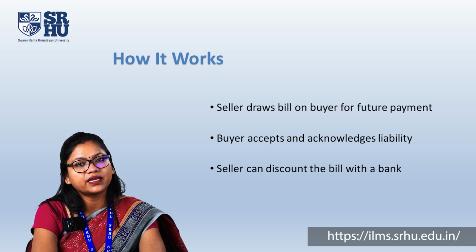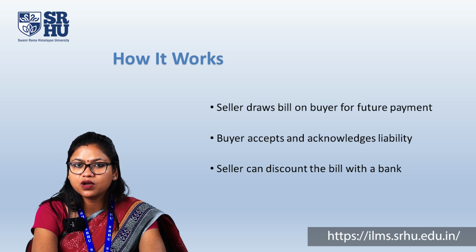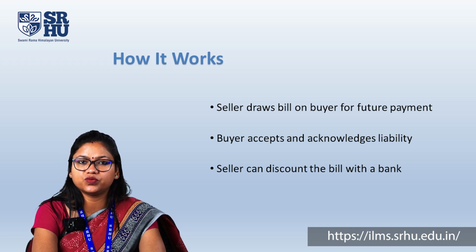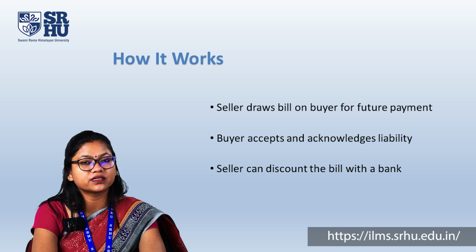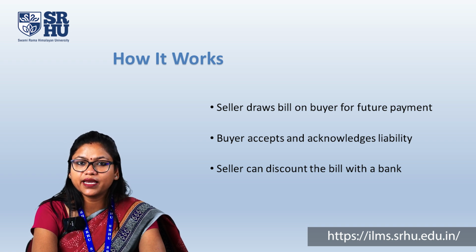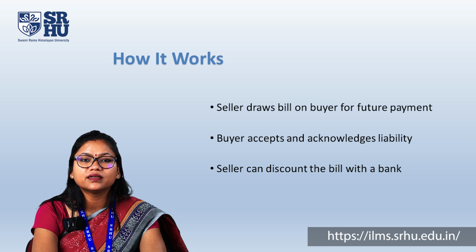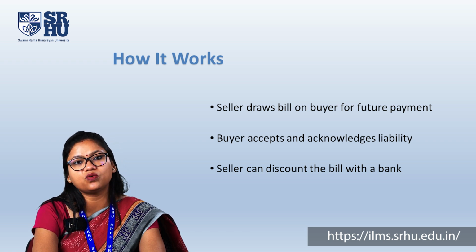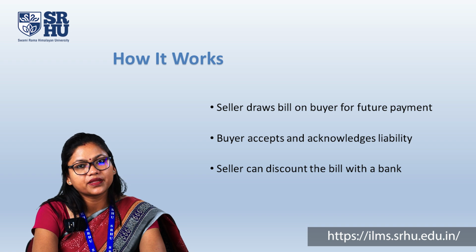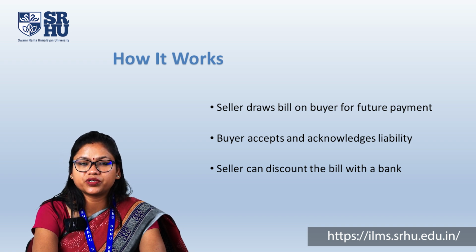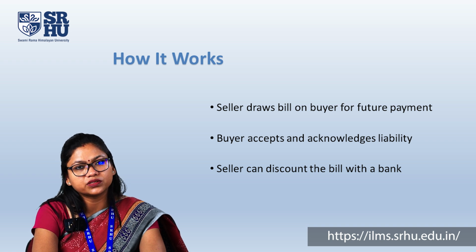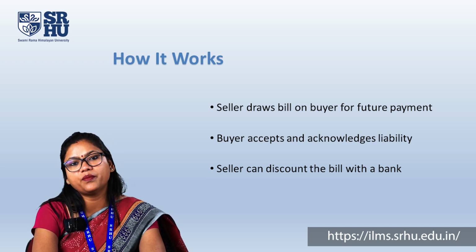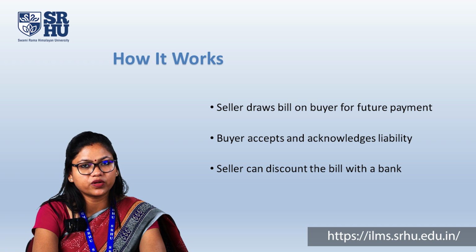The manufacturer can then take this accepted bill to a bank or a financial institution who has the right of discounting the bill and get it discounted. The bank pays the manufacturer the discounted value of the bill immediately, deducting a small interest amount, and then collects the full amount from the retailer or the buyer on the date of maturity.